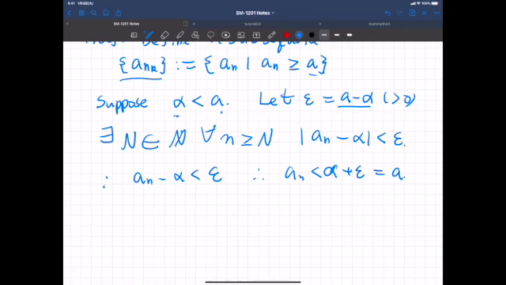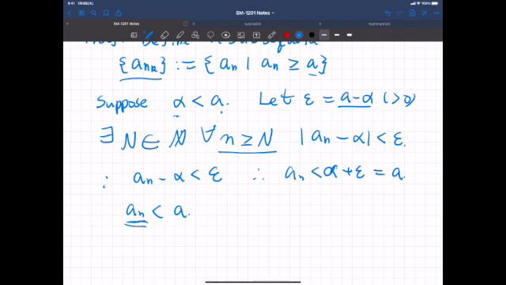So an is necessarily less than a for all n that is greater than a certain value.